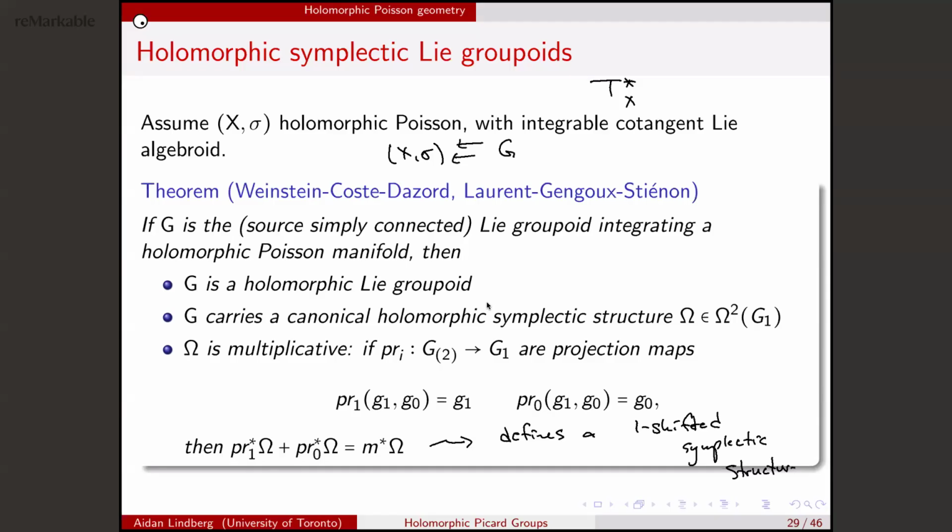That's what this last condition is saying. So of the groupoids, and in particular, they're holomorphic symplectic.